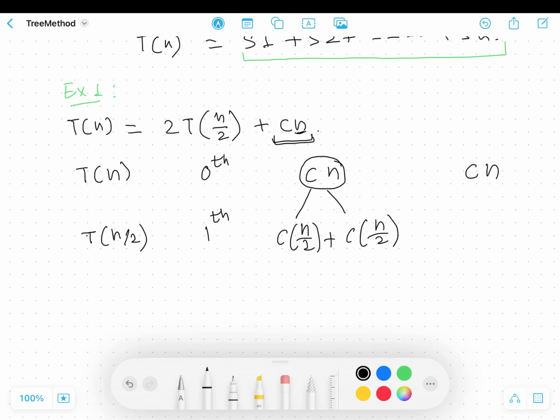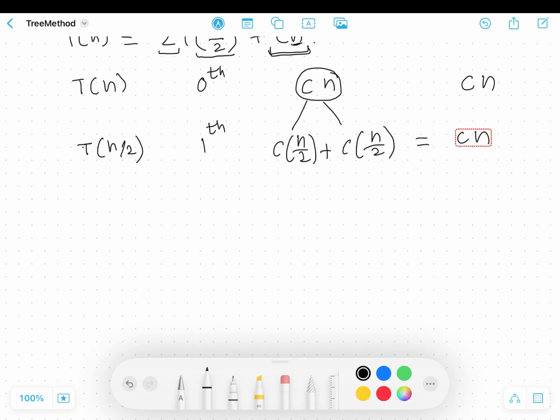So when we are doing n upon 2, we are calling the recursive function twice, which we can see here, and the problem is being divided in half. So if we sum this, what we are going to get is Cn, right? n upon 2 plus n upon 2 is n, and then we have C for every n upon 2.